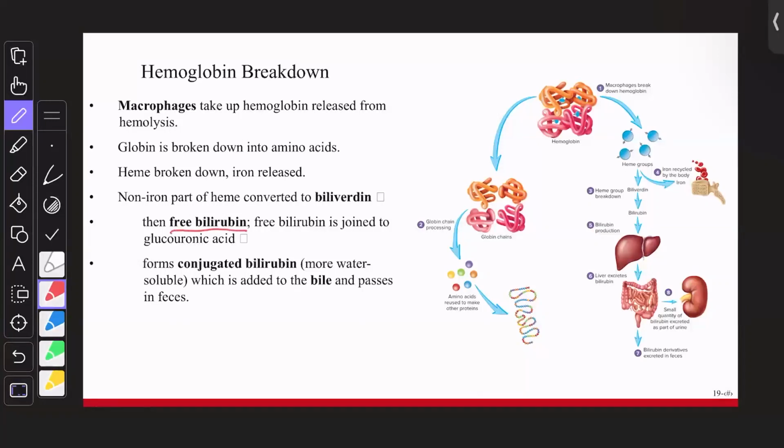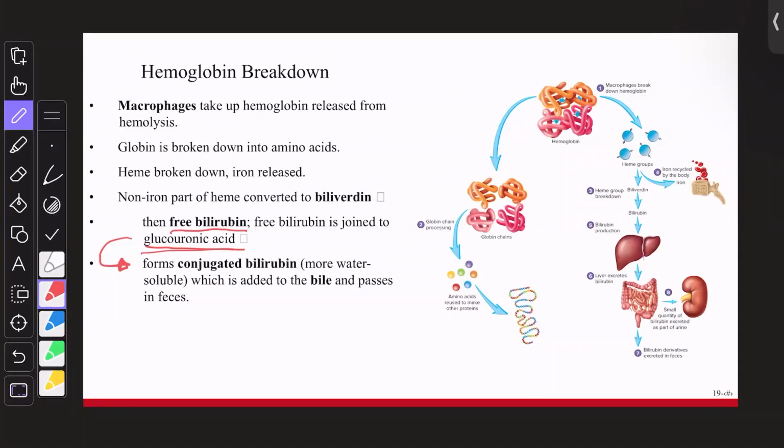Okay. Free bilirubin is going to get combined with something called glucuronic acid, and it is going to become conjugated bilirubin. Okay.